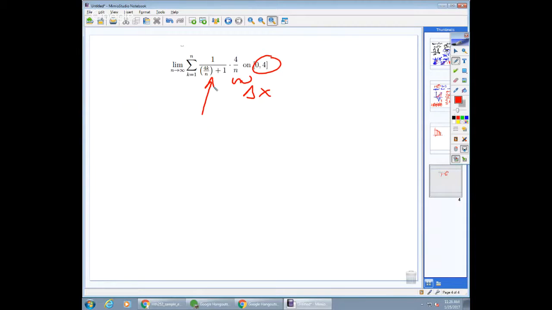So that means my x sub i's, if I were doing right-hand endpoints, would be 0 plus multiples of delta x. Well, if I'm using k as the variable, wouldn't they be 4k over n, if delta x is 4 over n?